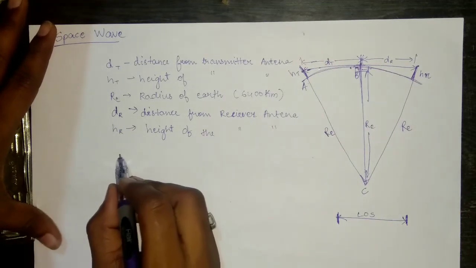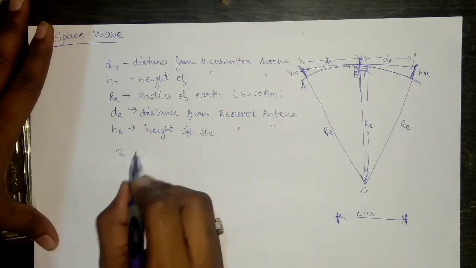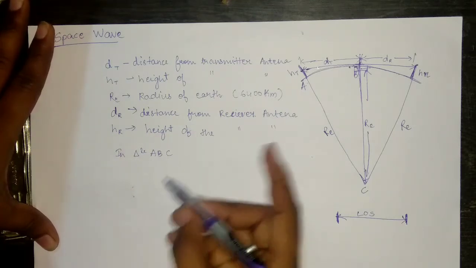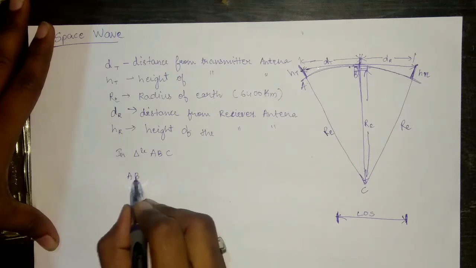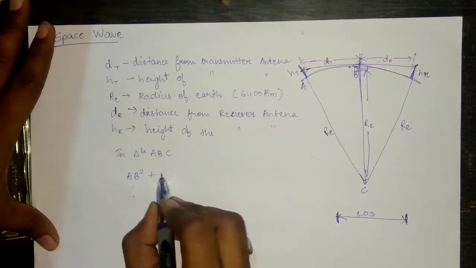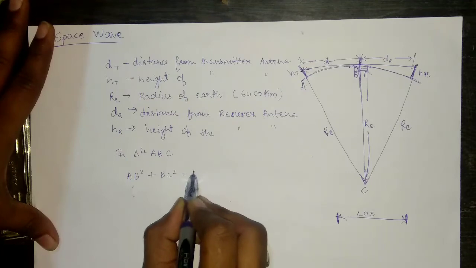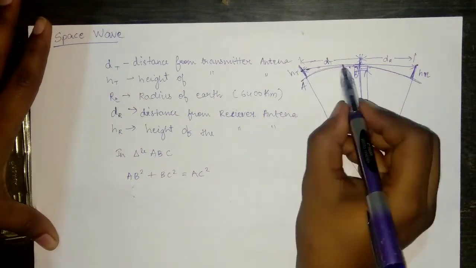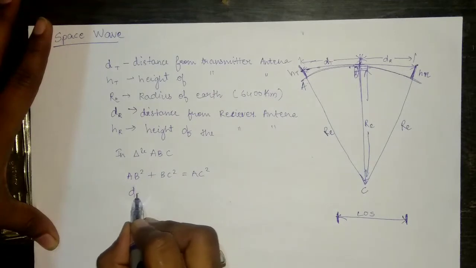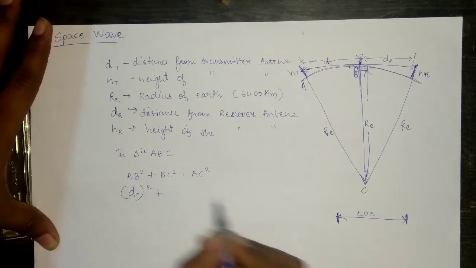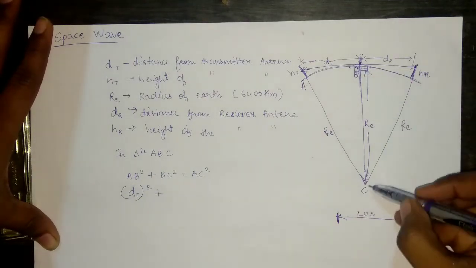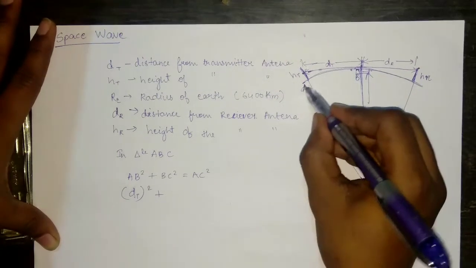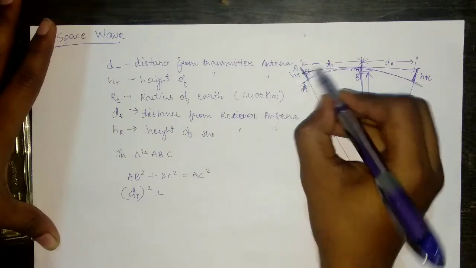So let's calculate in triangle ABC. AB square plus BC square is equals to AC square. Now what is your AC? AC is your DT, that is DT square, plus what is your BC?